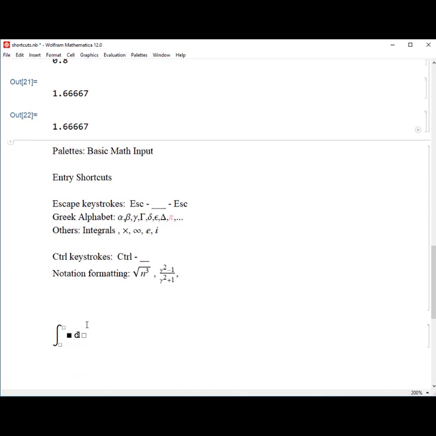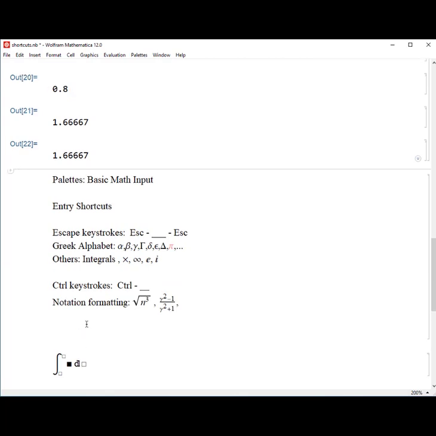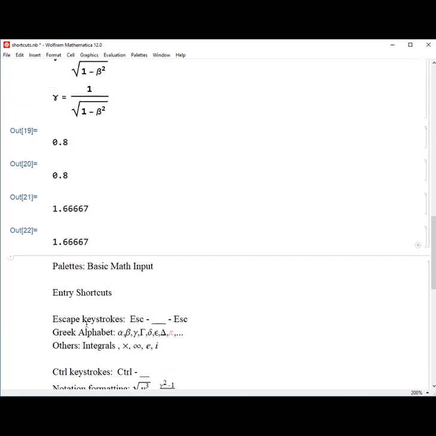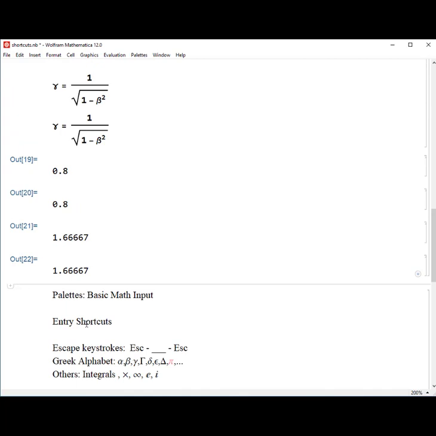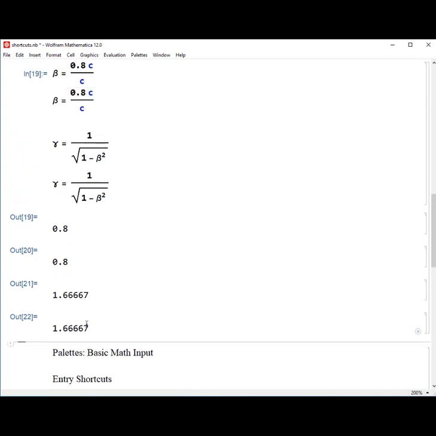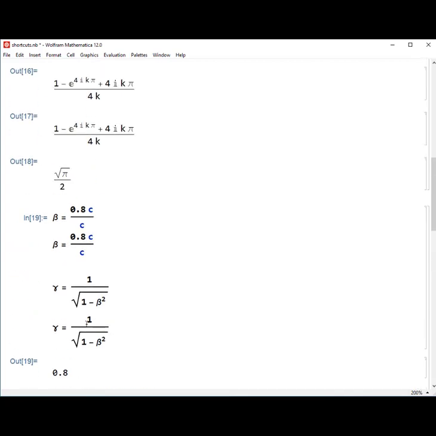Those are important ways that you can enter quantities as commands in Mathematica in order to put them in standard mathematical notation format.